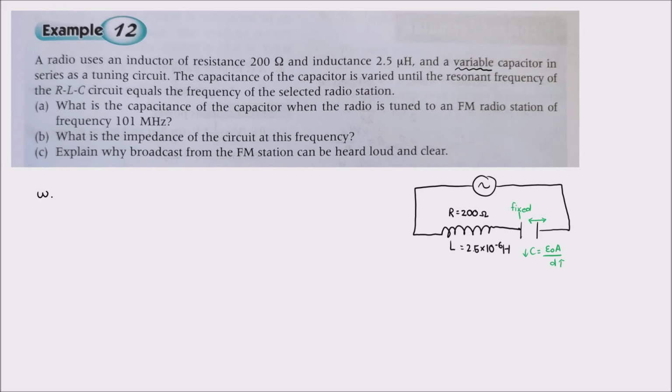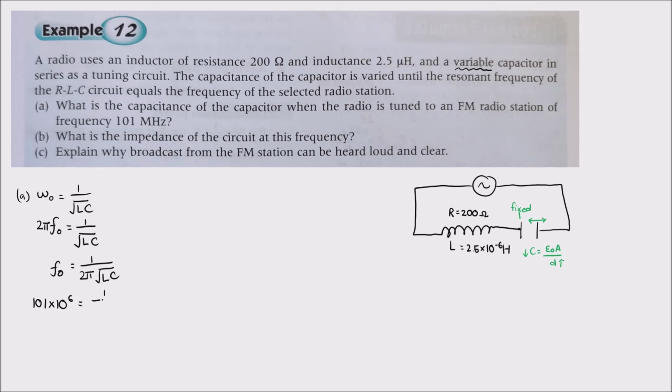You know that the resonance angular frequency is equal to 1 over the square root of LC, which is also equal to 2 pi times the resonance frequency. So the resonance frequency is just 1 over 2 pi square root of LC, and this frequency here is 101 megahertz.